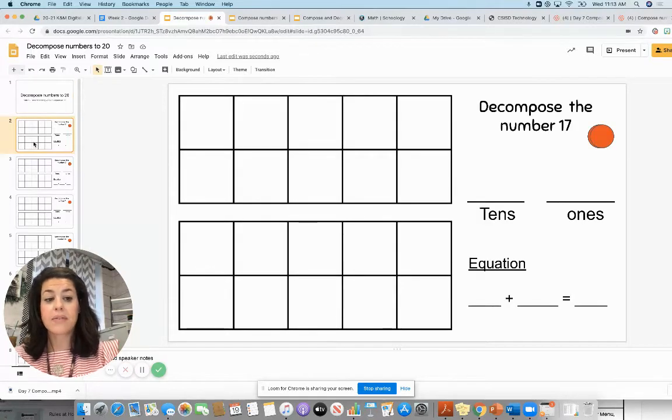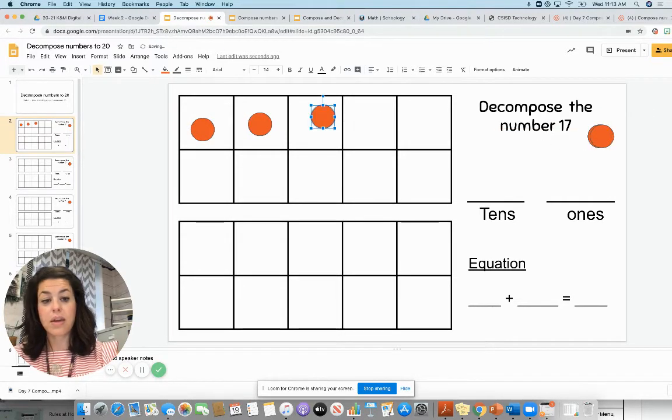So the number we have is 17. Okay, what is one way to break apart 17? Well, we could have 10, so we can have 1, 2, 3, 4, 5, 6, 7, 8, 9, 10.